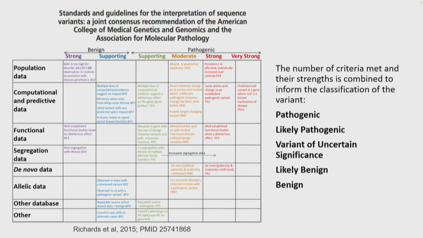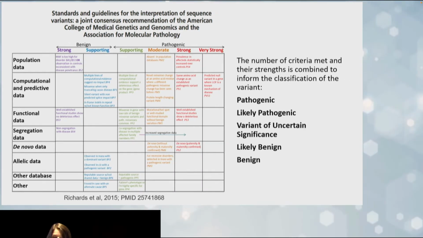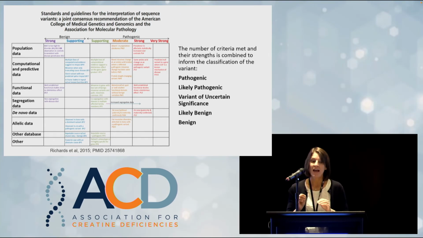So there's a set of pathogenic criteria, which can be met at different levels of strength. You can see here on this slide that strength can go from supporting, moderate, strong to very strong. And that really just depends on the strength of evidence that is available. And then a set of benign criteria as well. So we go through all of the data, we see which of those criteria a variant meets, how many of the criteria are met, and at what strength.